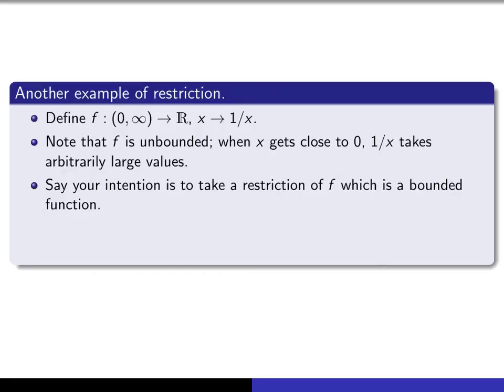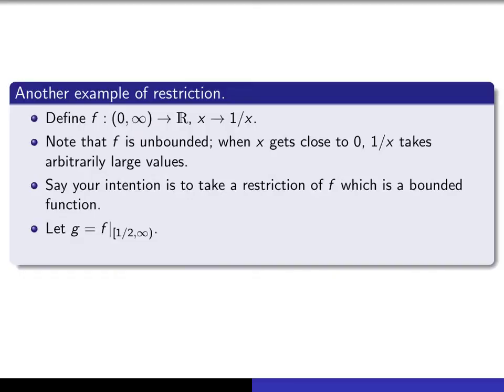And suppose for one reason or another you want to look at f, but you want to somehow make it a bounded function. You can't do that if you maintain the same domain. So what you do is you restrict your domain to a subset of this in such a way that the new restricted function becomes bounded.